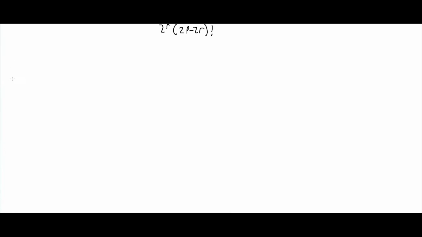So we will have y equals a sub p times the summation from r equals 0 to 1/2 p, and that will then have minus 1 to the r times our p factorial over p minus 2r factorial.